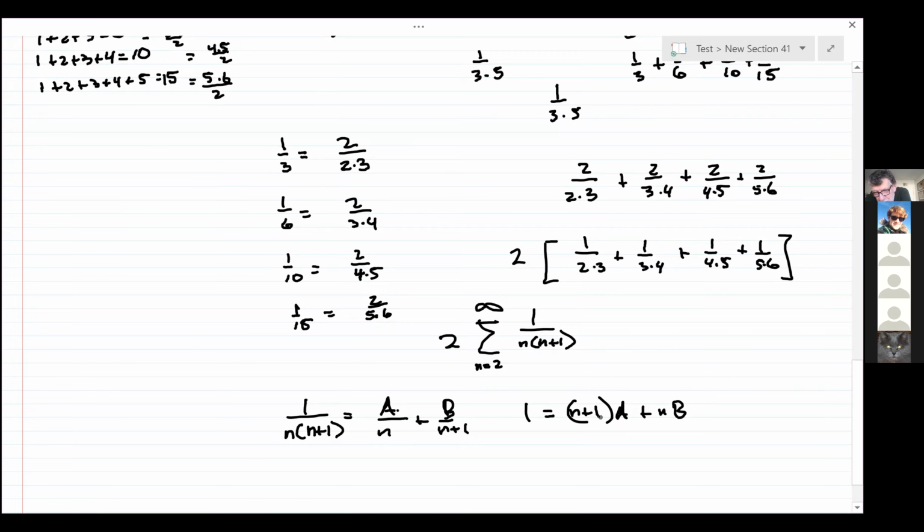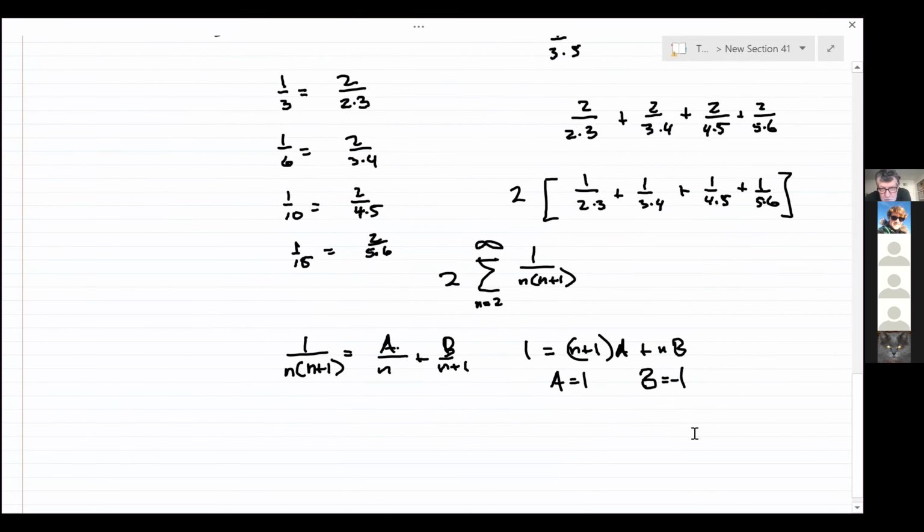And if you pick values appropriately, if you pick n equal to 0, you'll get a equal 1. And if you pick n equal to -1, then you'll get b equal -1. And so this is the same as summing up 1 over n minus 1 over n plus 1.